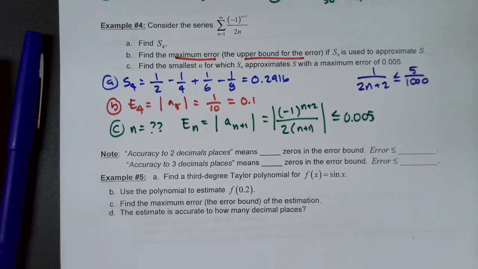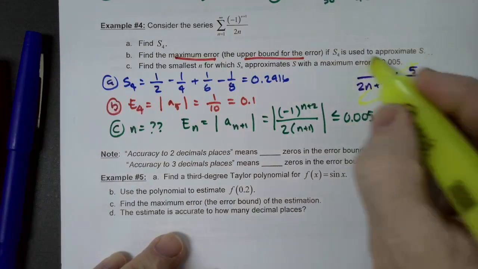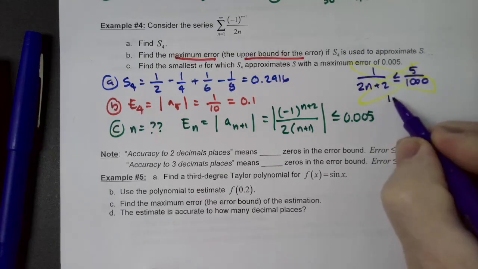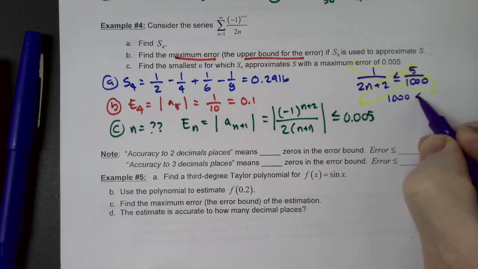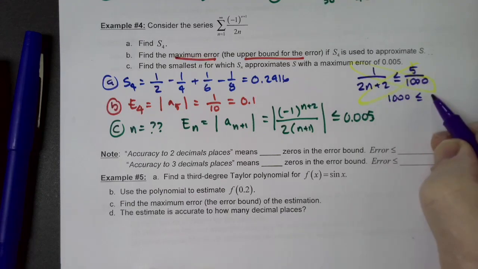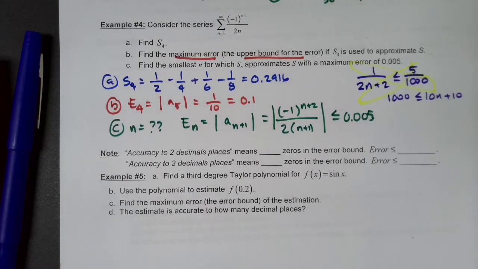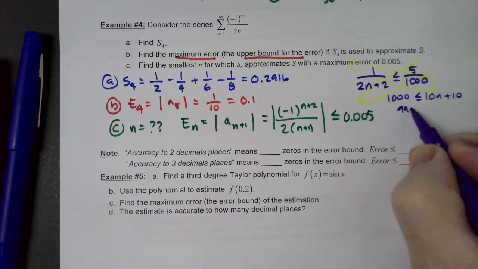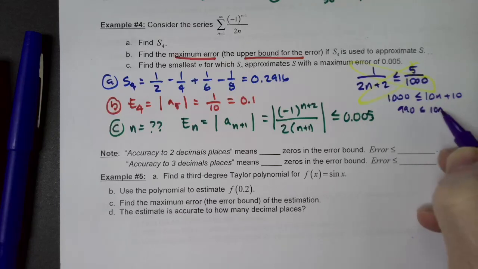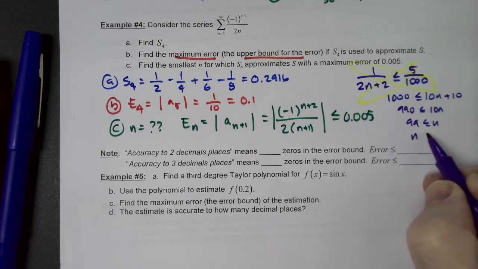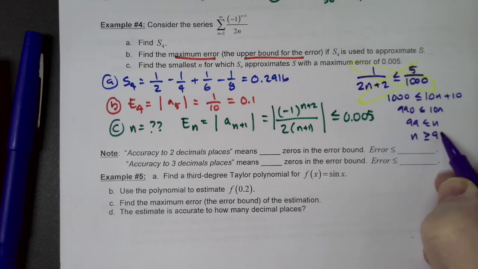We can do some middle school cross multiplying here to get our cross products. Of course, 1 times 1,000 gives us 1,000 is less than 10n plus 10. Subtract the 10. Divide by 10. Then flip this around so it goes the way we want.